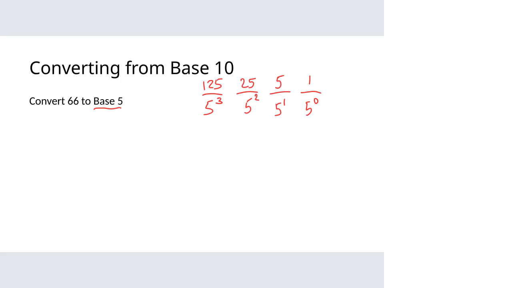What we're going to do when we convert 66 to a base 5 number is we're going to figure out how many of each of these we are going to need. My first question to you is this. How many 125s are we going to need to write the number 66?